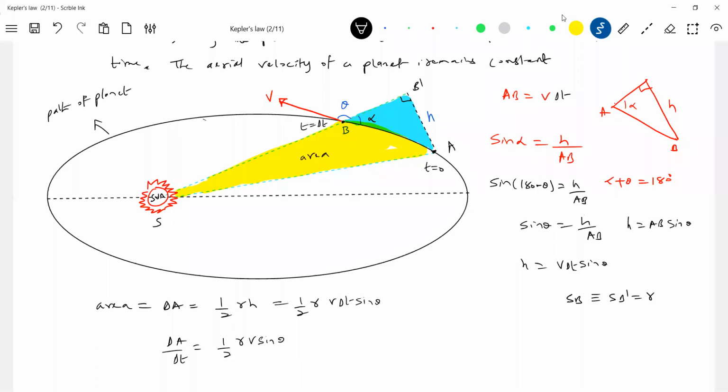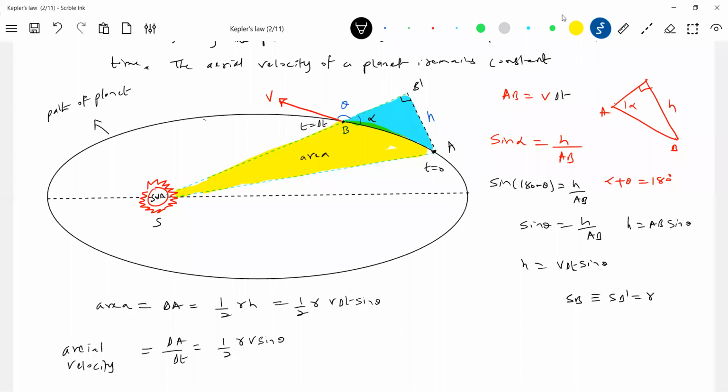So what can RV sine theta be? The aerial velocity of a planet. What is aerial velocity? Change in area by interval of time. Like how we have delta S by time taken as average velocity, similarly here, the area swept by time taken will become the area velocity, and that is equal to half RV sine theta.